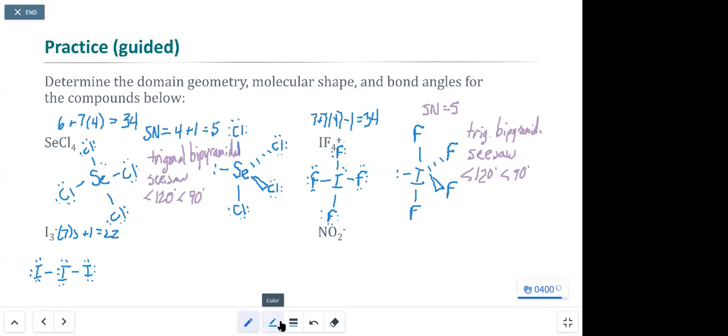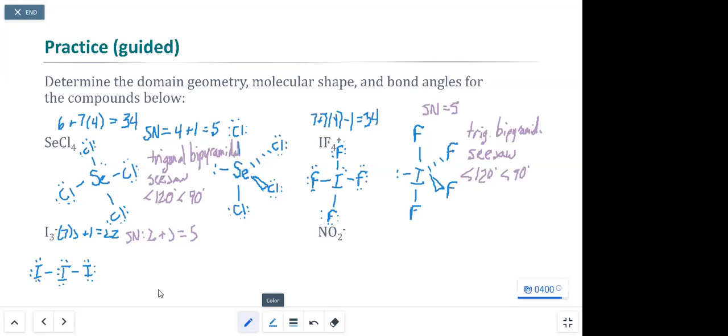So once again, we need to evaluate steric number. Here, we're looking at 2 atoms that it's bonded to, plus 1, 2, 3 sets of lone pairs. We're talking about a steric number of 5 again. So once again, we are talking about trigonal bipyramidal.